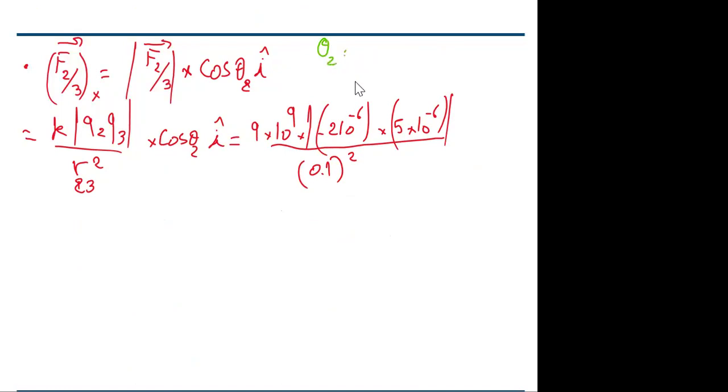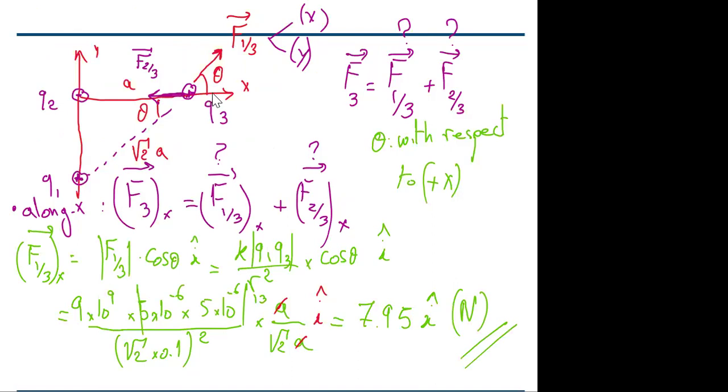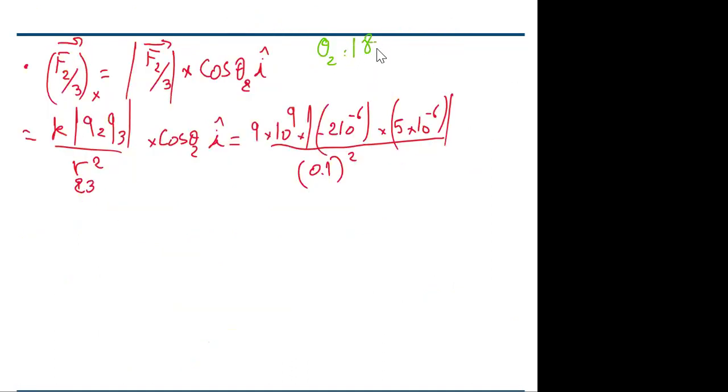We said it's with respect to the x-axis, so from the x-axis to this vector, this is theta 2, which is 180 degrees, so cosine 180, along i. This cosine 180 gives us a negative sign. That means our vector is directed to the negative x.